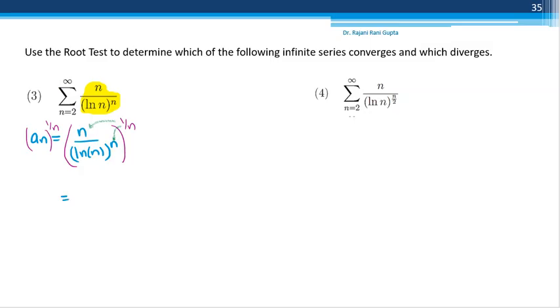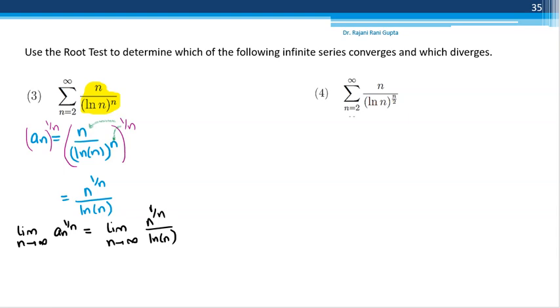So this gives you n^(1/n) divided by (ln n). Now finding the limit as n approaches infinity of a_n^(1/n), which is the same as the limit as n approaches infinity of n^(1/n) over ln n.